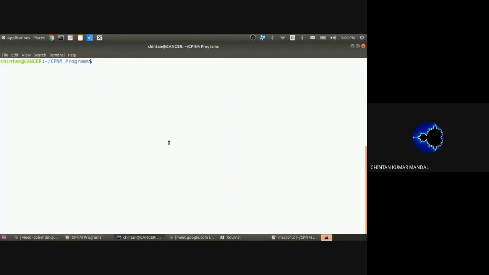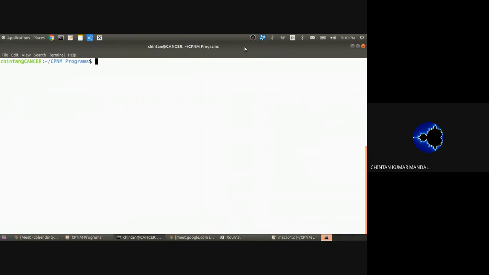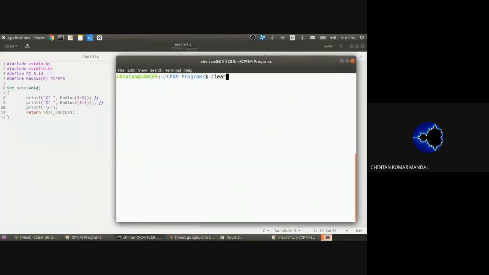I'll just clear it up আর ভালো করে দেখা যাক। printf slash n. এই আসছে উত্তর। This is the answer for line number 8 and line number 9.